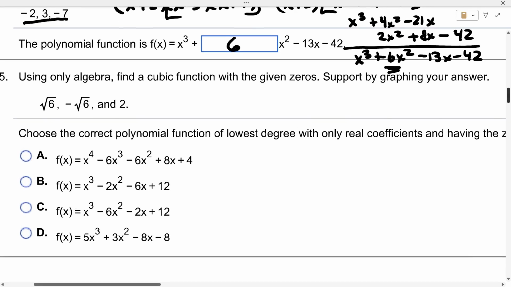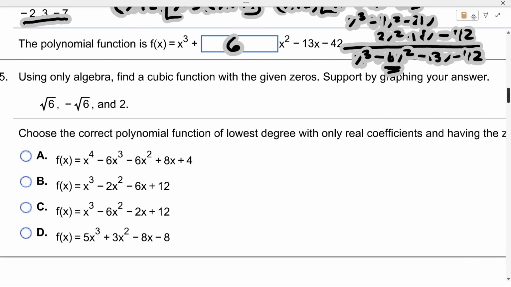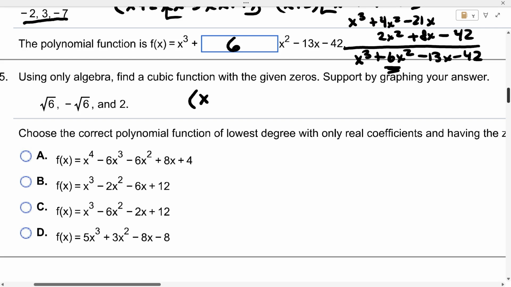Now, for you lazy people, you could put each of these equations into your graphing calculator and figure out where these are and do it that way. Or you could do the math. x minus square root of 6, negative square root of 6 is x plus square root of 6, and x minus 2.